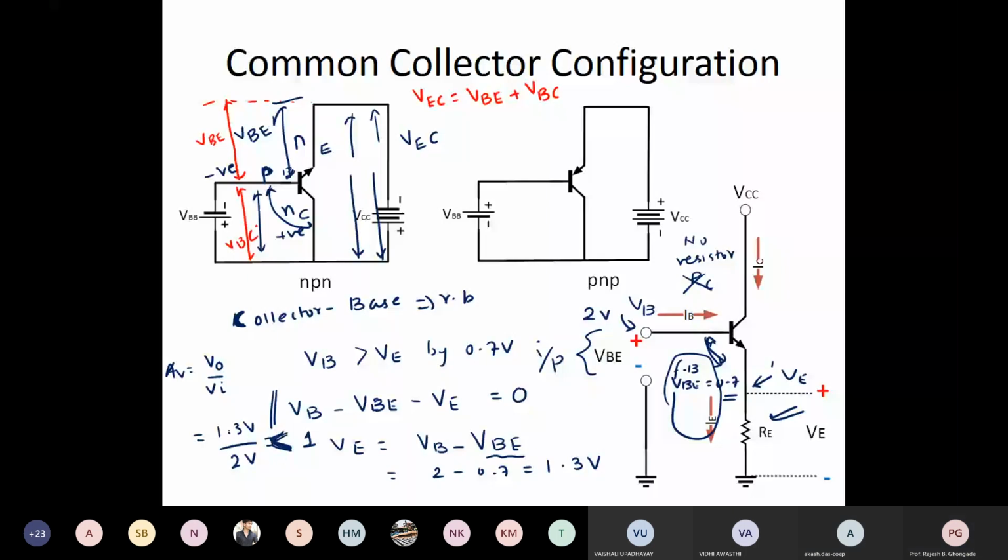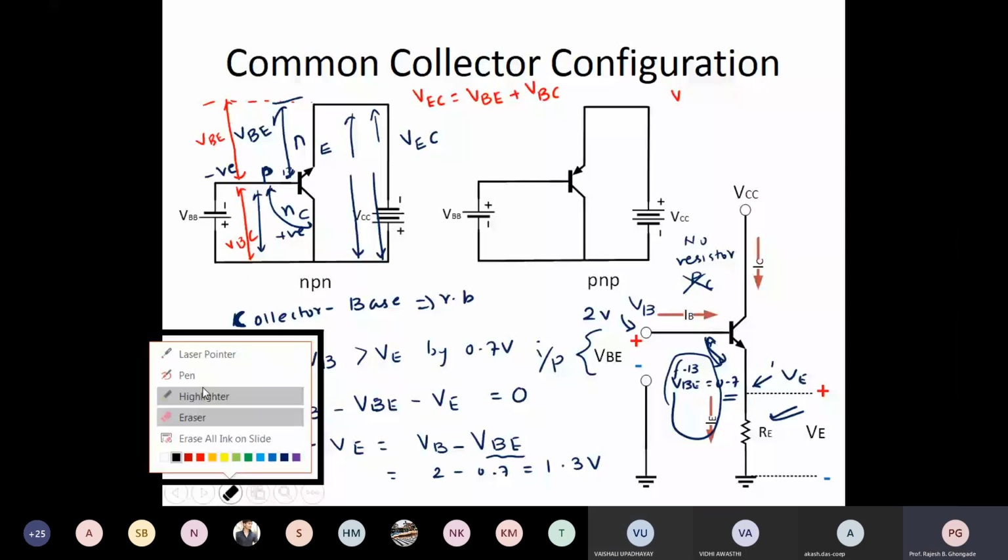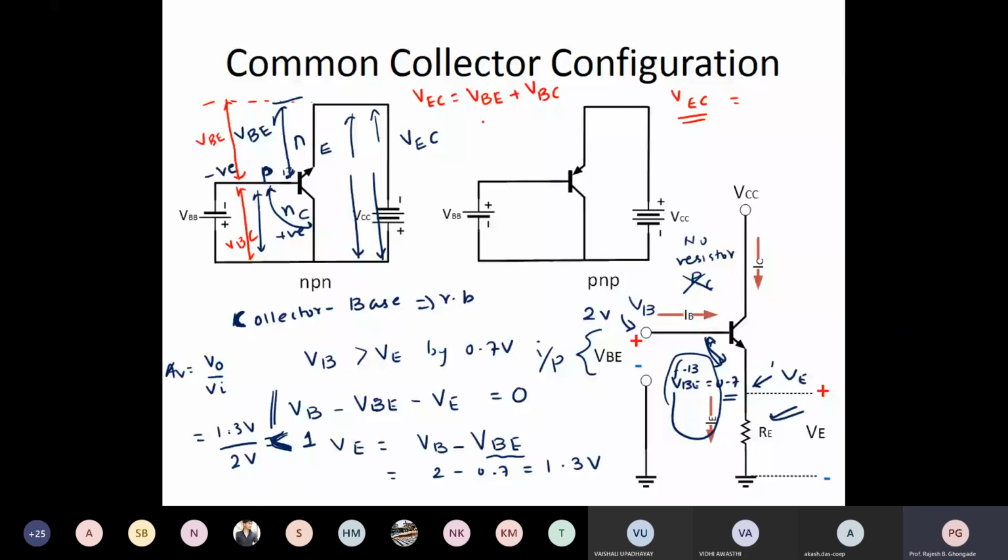Now when I'm having VEC constant, let us say VBE now is equal to VEC minus VBC.